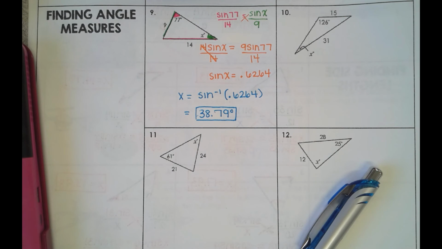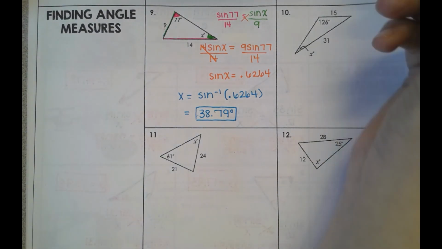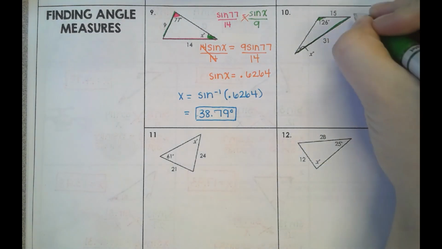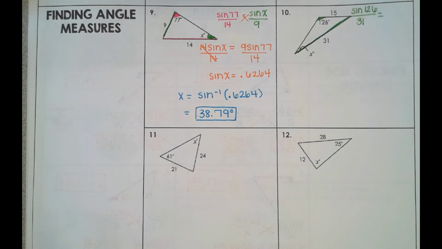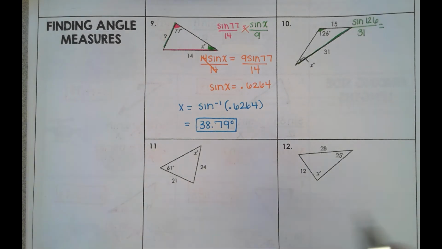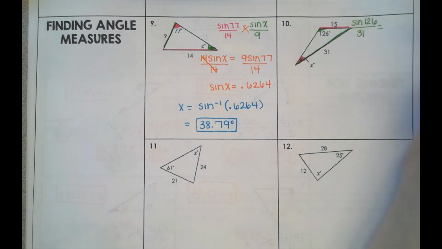All right. So number 10. Okay, let's see. This 126 pairs with the side length of 31. So sine of 126 over 31 equals, and this missing angle pairs with 15.